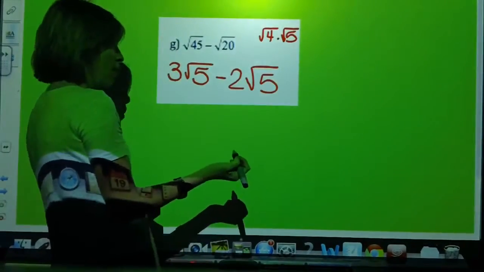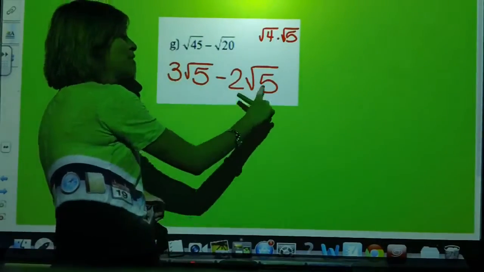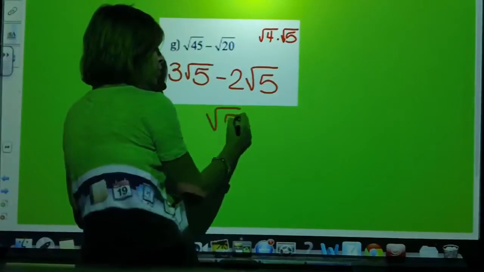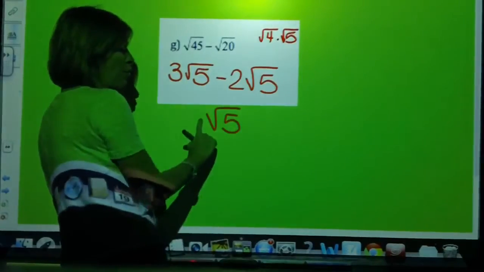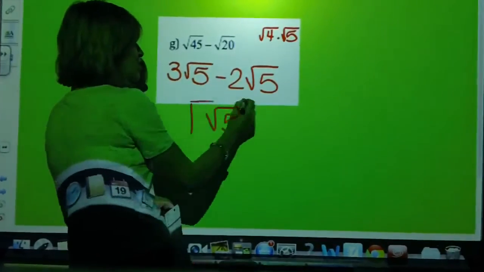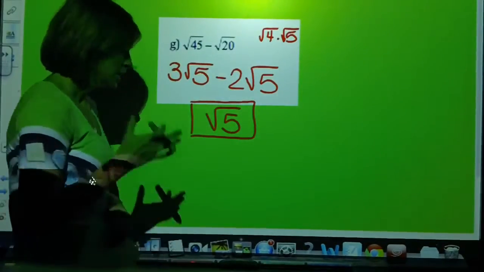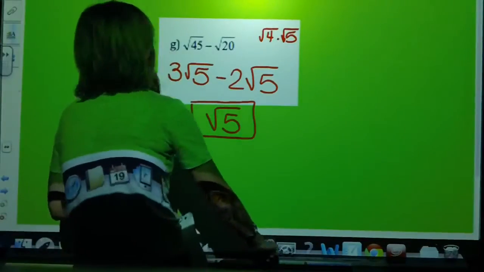Okay, so now they are like terms, so I can subtract them. 3 root 5 minus 2 root 5 gives me plain old root 5. Now, some of you might want to put that 1 in front, but we don't normally write 1s as coefficients in front of things. So at this point, you can write it as just plain old root 5. Okay. Hopefully, so far so good.